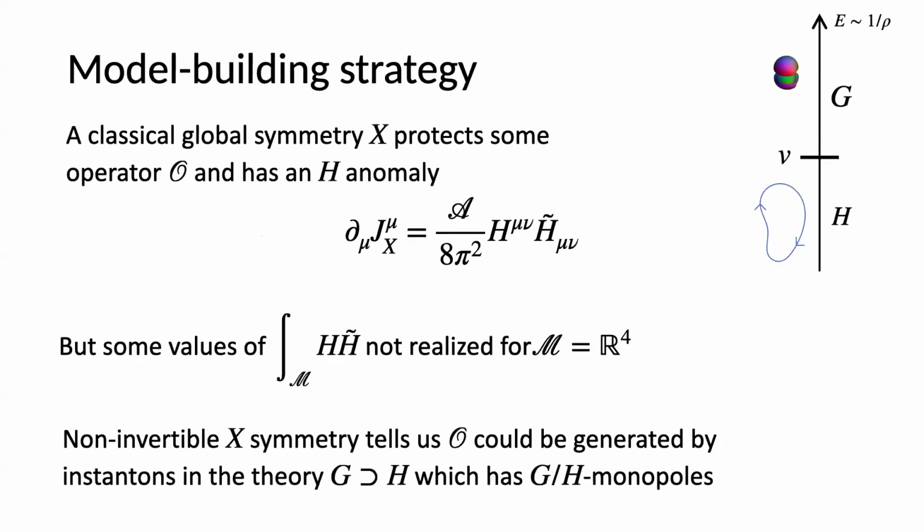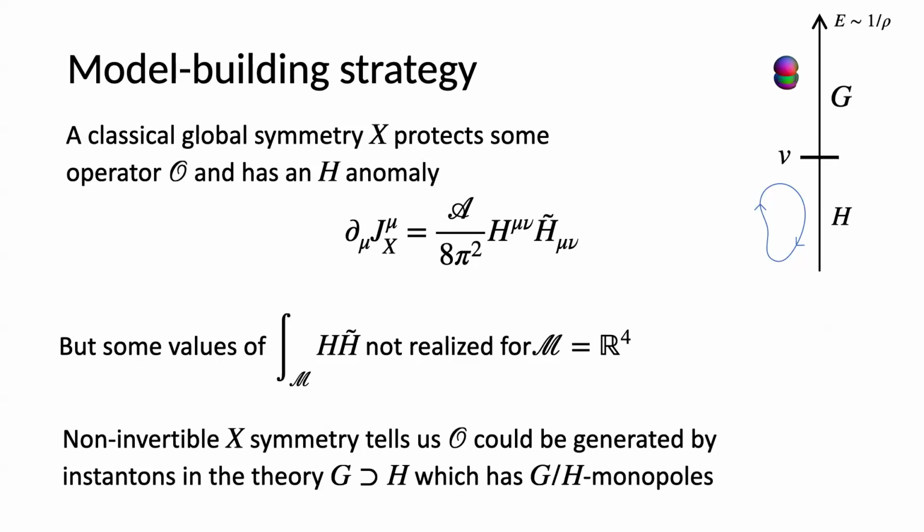Good. I'll go where I can just emphasize more concretely what the model building strategy is. Eventually the theories that we construct, you're going to have some UV gauge group G, and it's going to be spontaneously broken down to a gauge group H. And of course, we're always as particle physicists, low energy effective field theorists, we only have access to the infrared gauge theory. And we want to understand what sort of information we can gain from the infrared theory.